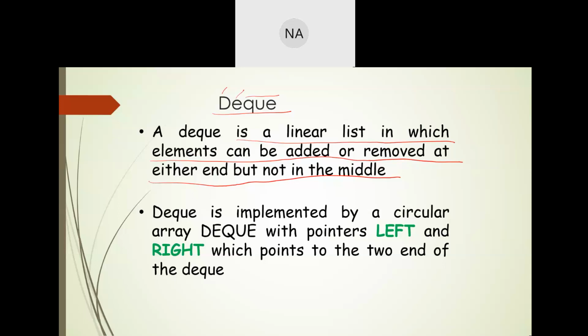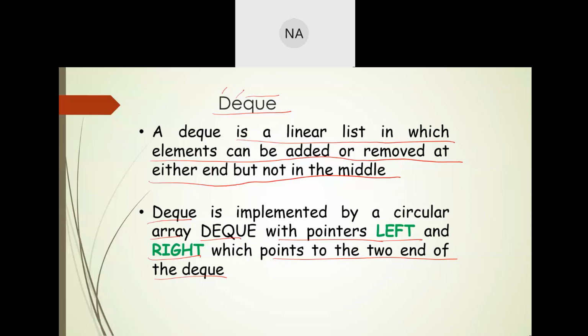And deck is implemented by a circular array with pointers left and right, which point to the two ends of the deck. In fact, deck can be implemented using an array or circular array, and it can also be implemented using a linked list. Like a queue can be implemented using a circular array or linked list, likewise deck can also be implemented using a circular array or a linked list.